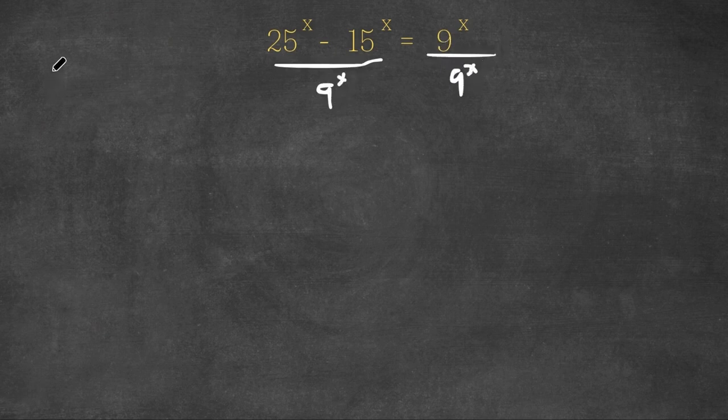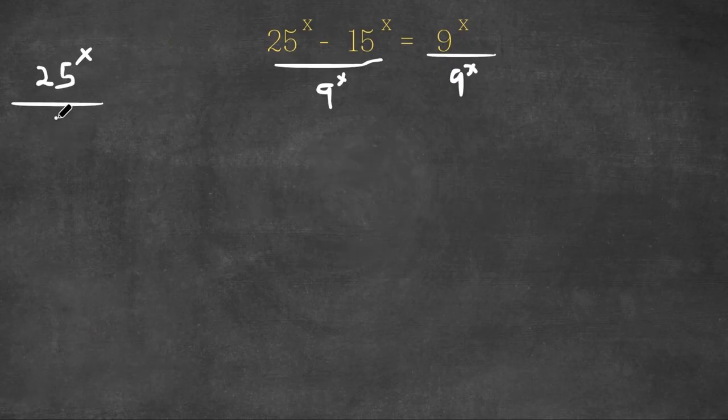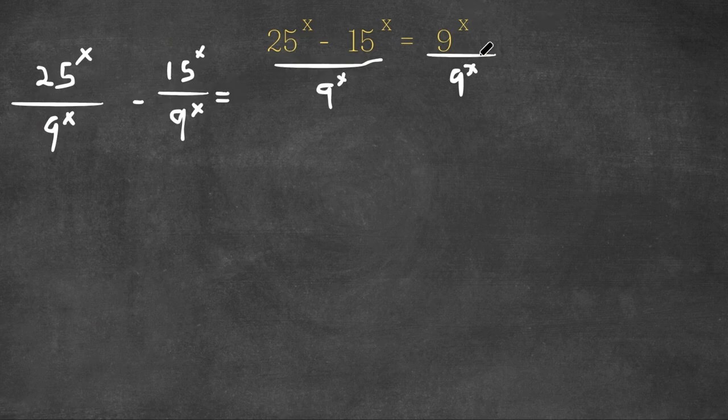So now we get 25 to the power of x over 9 to the power of x, minus 15 to the power of x over 9 to the power of x, and this is equal to 9 to the power of x divided by 9 to the power of x, which is simply 1.